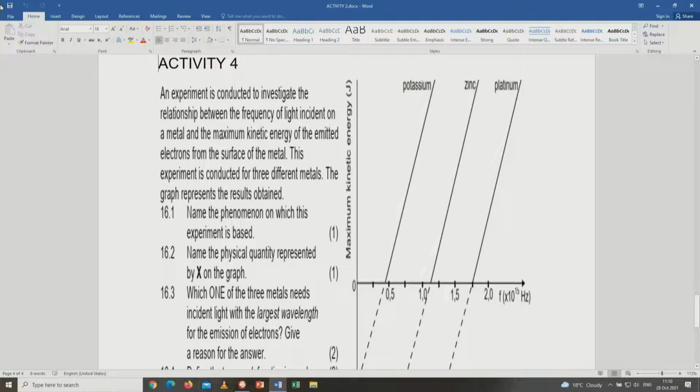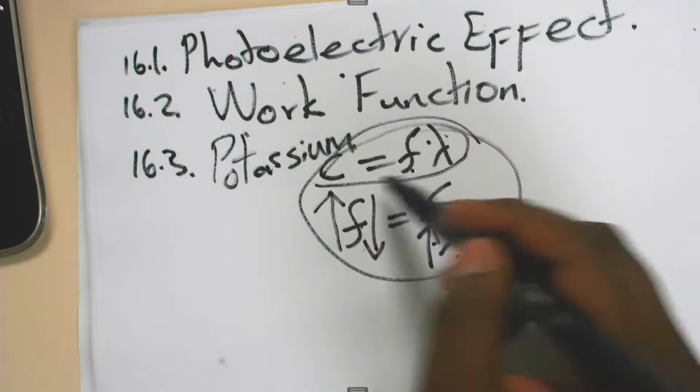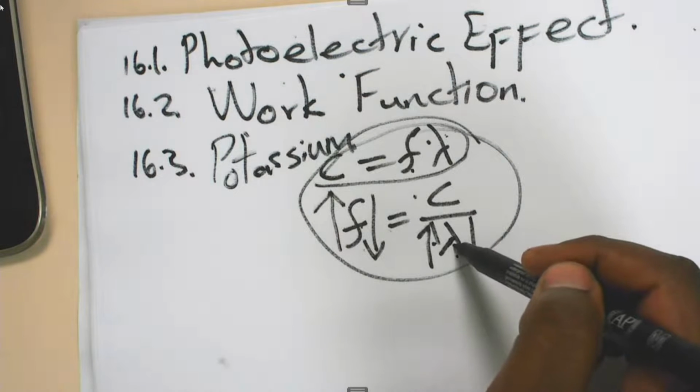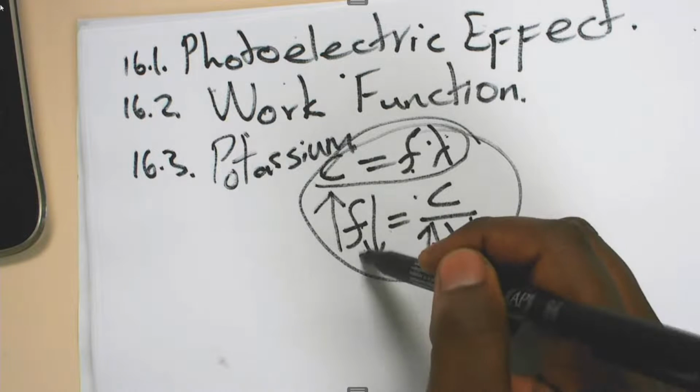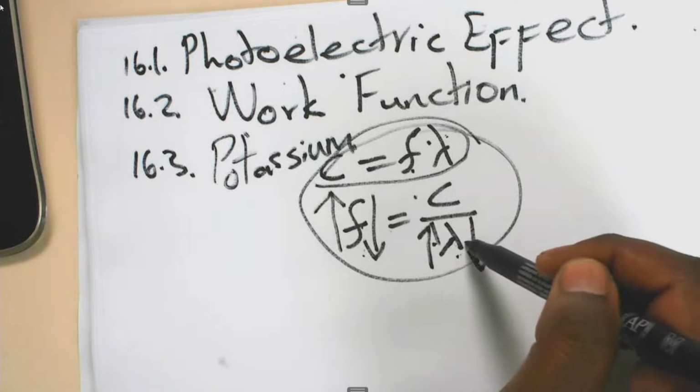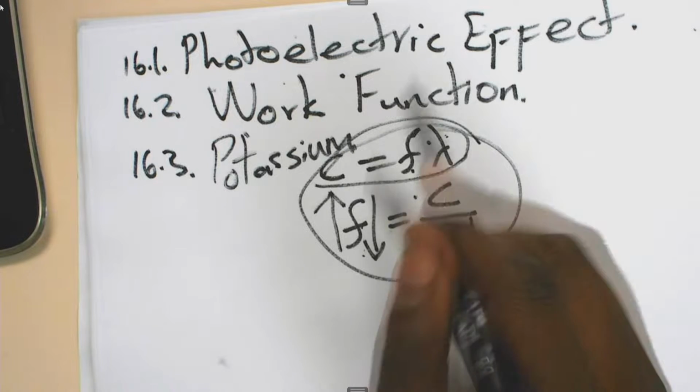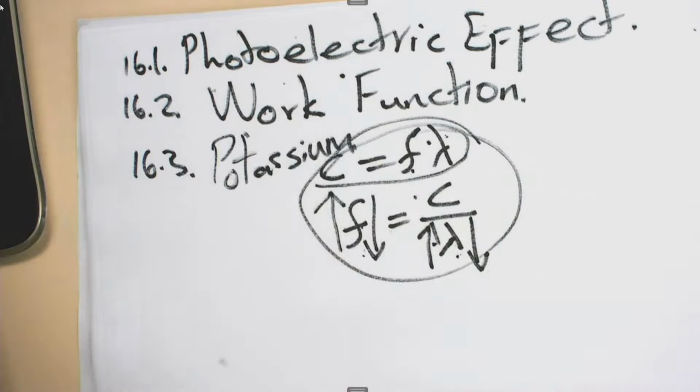That will be potassium there. And then for the reasoning, you use this formula that relates the frequency and the wavelength, and answer it by saying the longer the wavelength, the smaller the frequency. The shorter the wavelength, the higher the frequency.